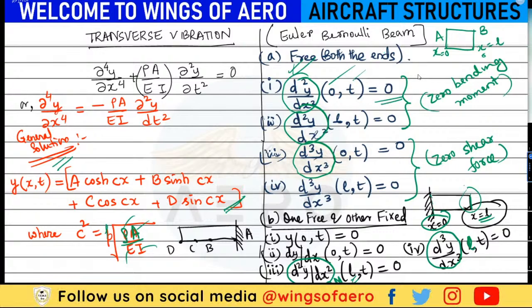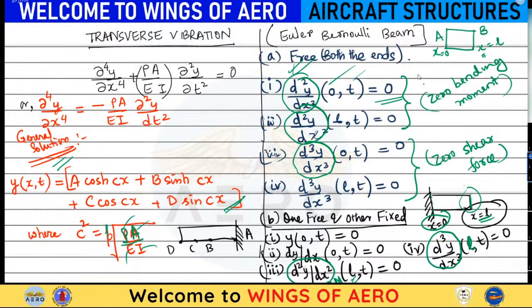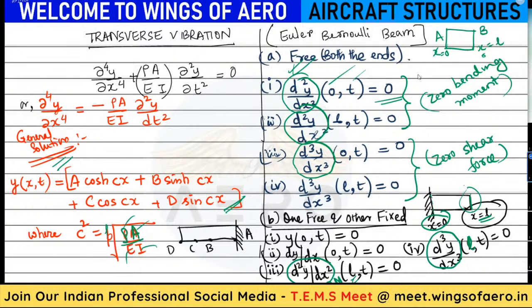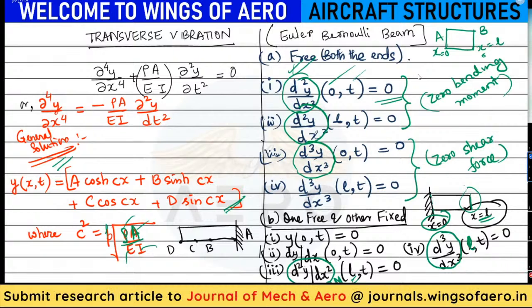You will get some function. Then the second condition, you need to apply back to the previous equation. The same process will be followed, but very importantly, you have to remember this condition.